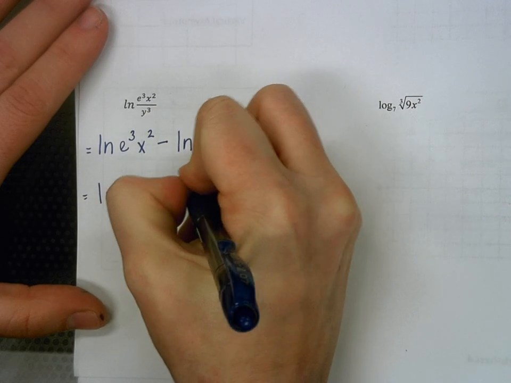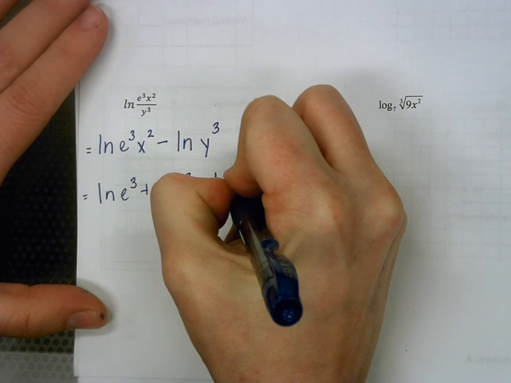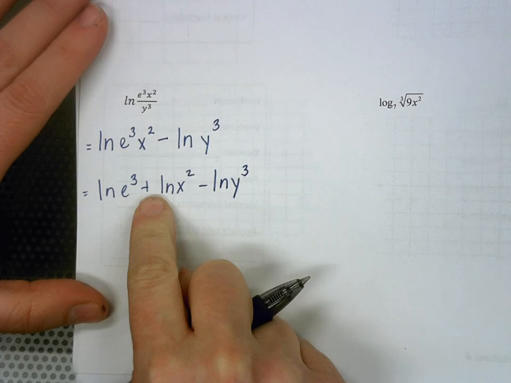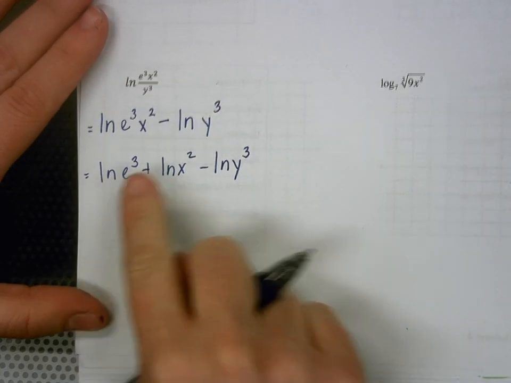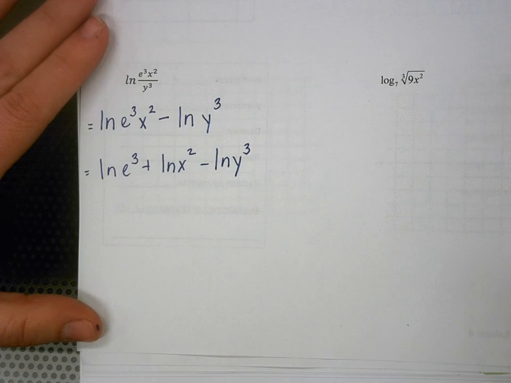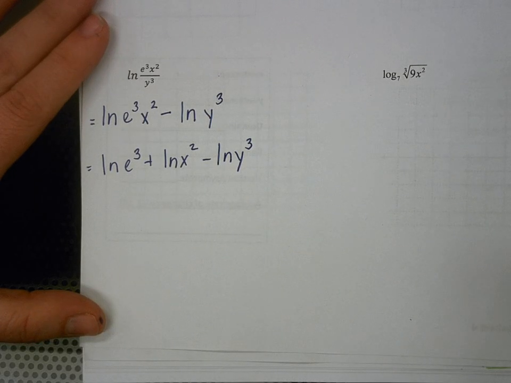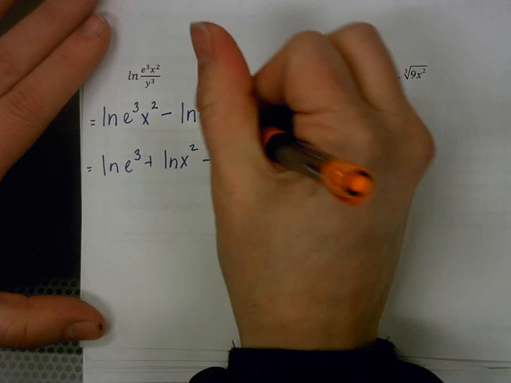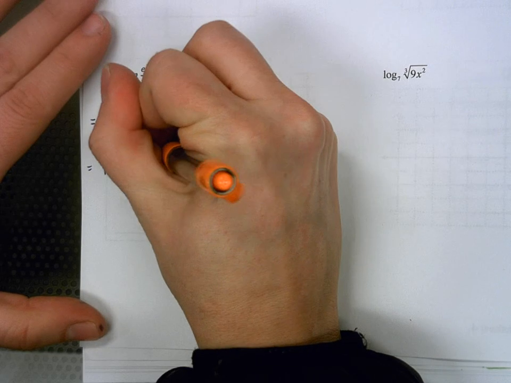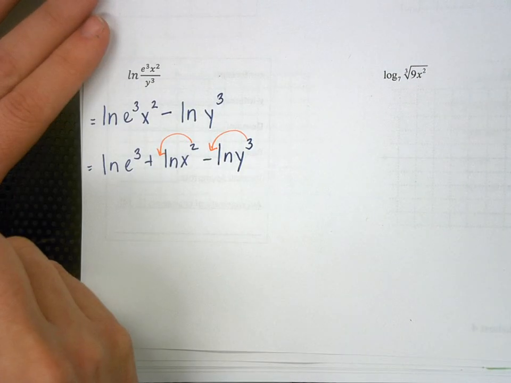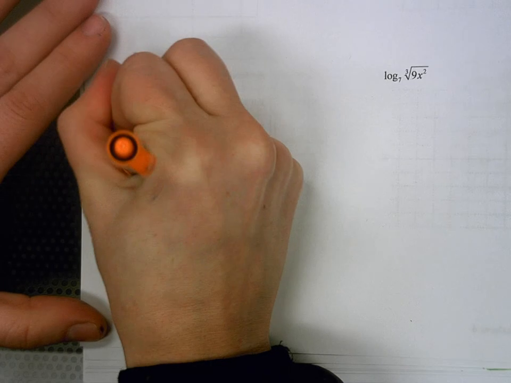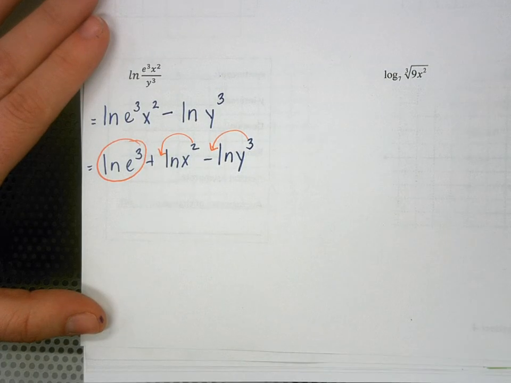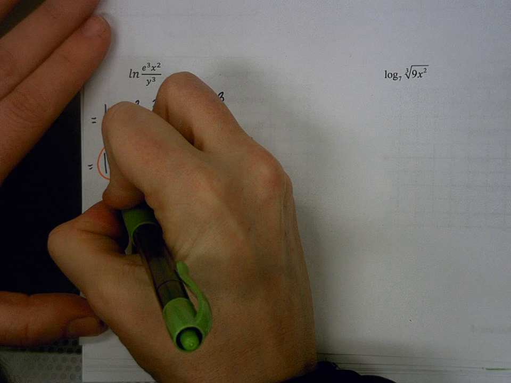Make sure for every time you expand something, you're writing the natural log, or whatever your logarithm is for that question, for every single part. Then we're going to move these exponents, unless we can evaluate it. This part right here can be evaluated. Remember, the natural log is base e.